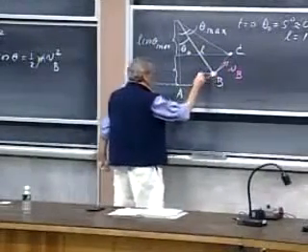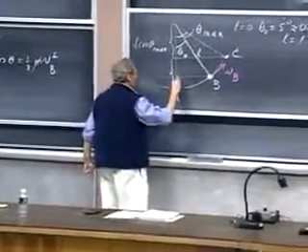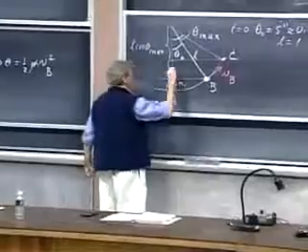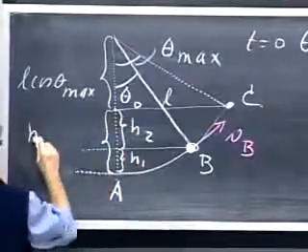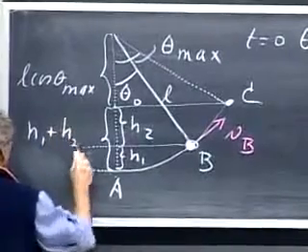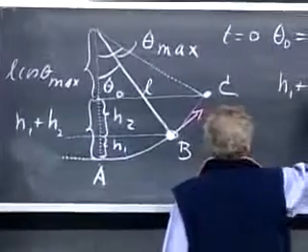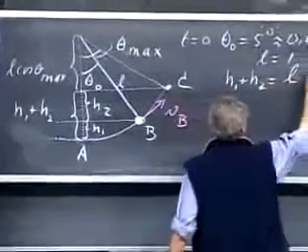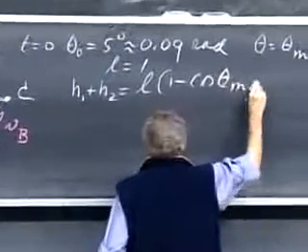Well, I will split this into two heights. This one, which I call h1, and this one, which I call h2. And so the one that we really want to know is what is h1 plus h2. Because h1 plus h2 will be L times 1 minus the cosine of theta max.